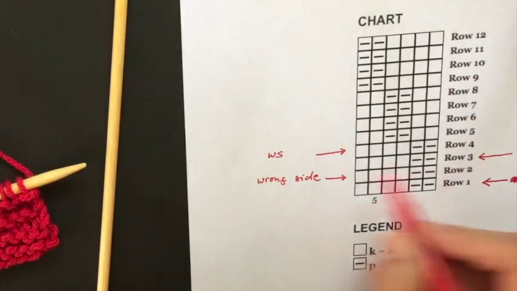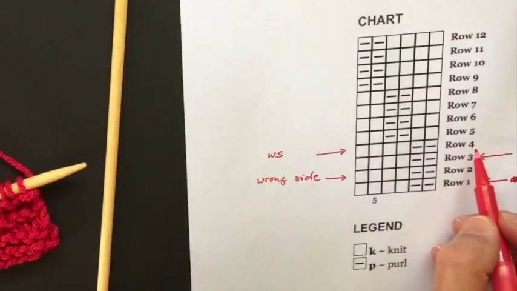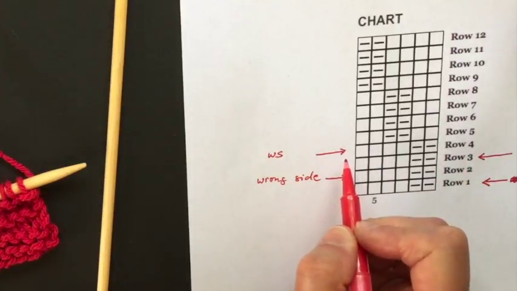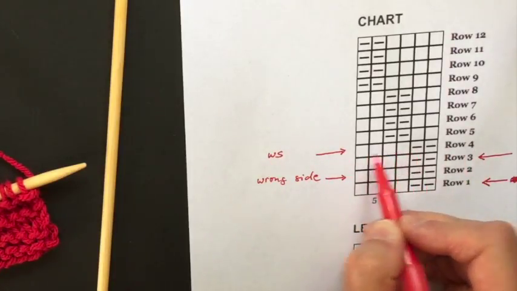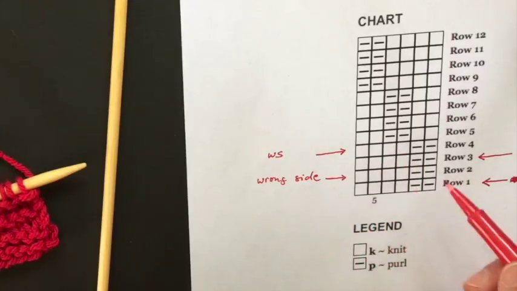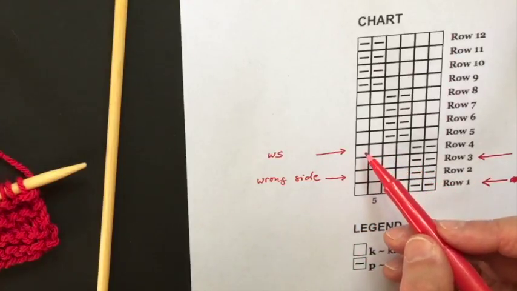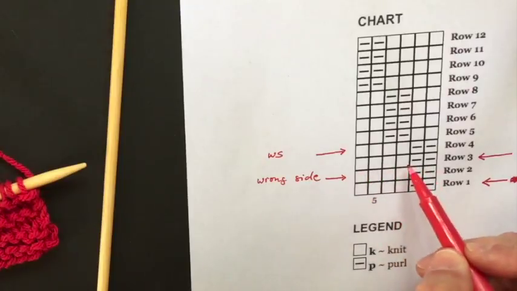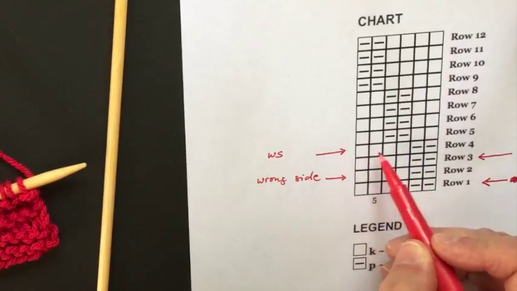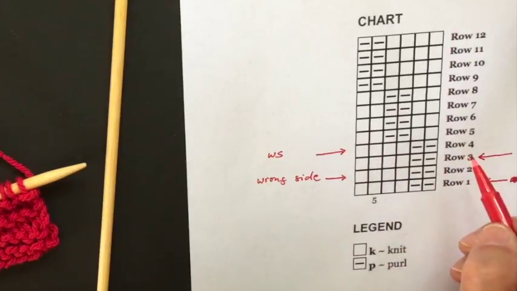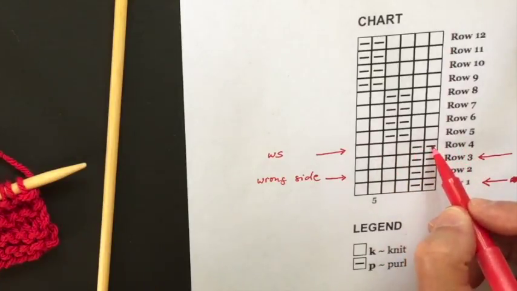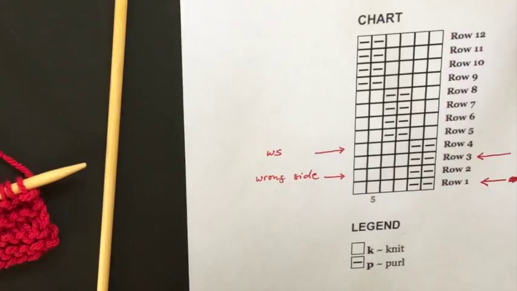Okay. So now, since this is our row 4, we are working on the wrong side, so all these stitches have to be flipped. Okay. So if this was on the right side, these stitches were knitted. Over here they have to be purled. Okay. And these two will have to be knitted.